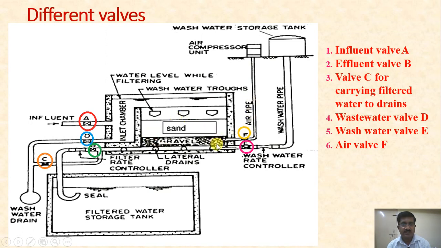Because of this, turbulence takes place, and the muddy water collected in the tank is taken by valve C to the wash water drain. So it is a very simple arrangement to understand.